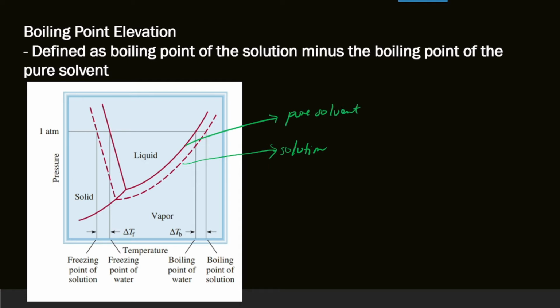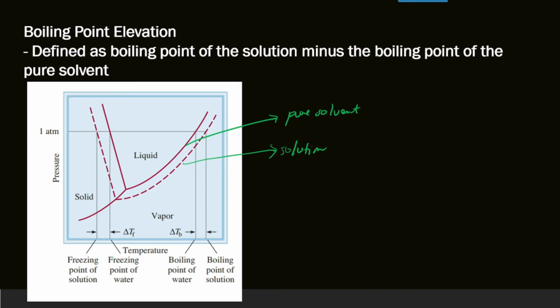As you can see here, the boiling point of the solution is higher than that of water. So, mas mataas yung boiling point ng solution compare sa boiling point of water. And the freezing point of the solution is lower than that of water.